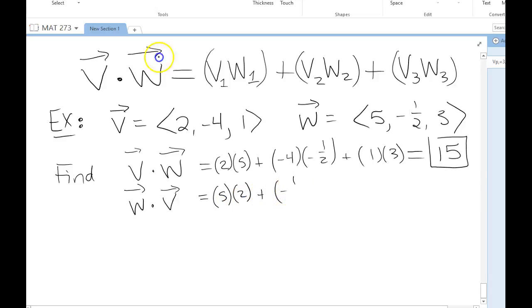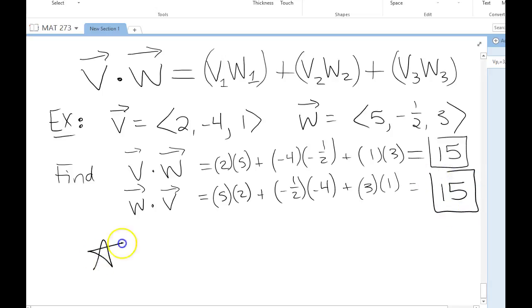That doesn't change how the multiplication works out, though. Still multiplies out the same. It's still 10 plus 2 plus 3. So V dot W is the same exact thing as W dot V.